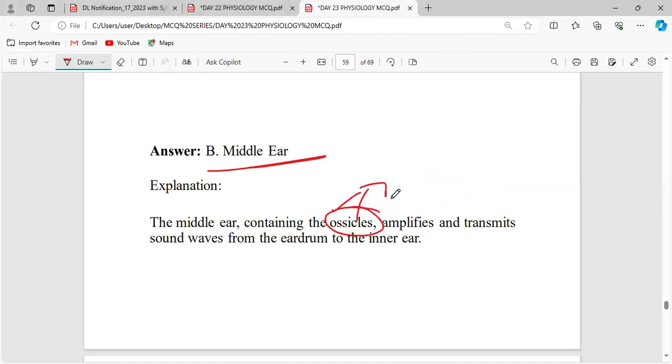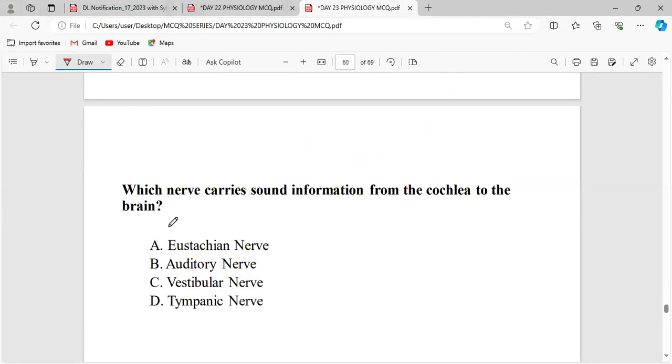These are the three bones involved in amplifying and transmitting the sound waves. Now, which nerve carries the sound information from the cochlea to the brain? Quick. That will be the auditory nerve.